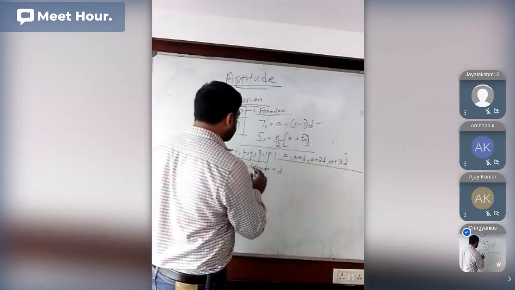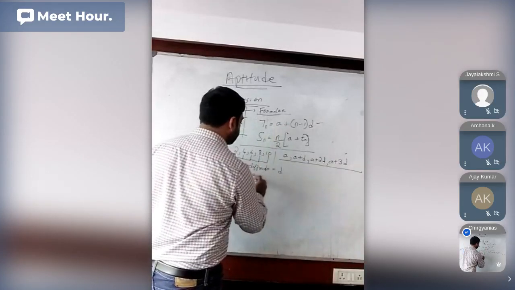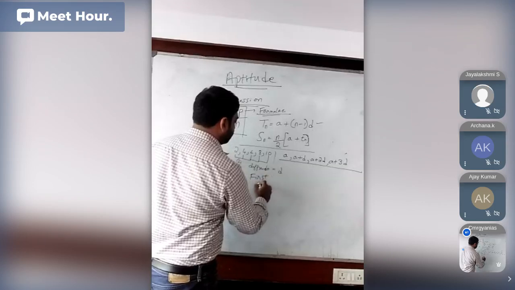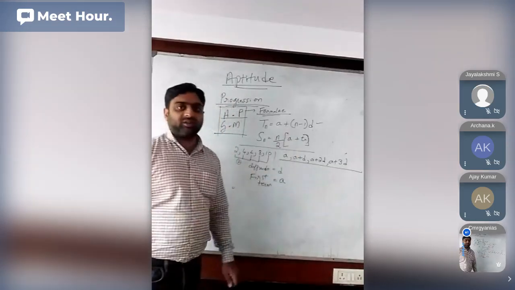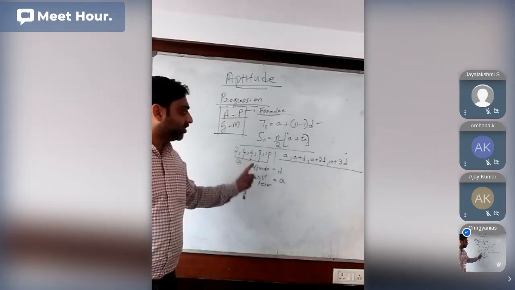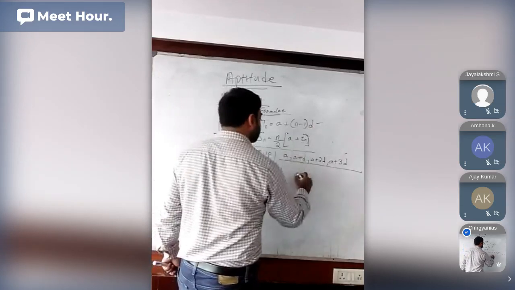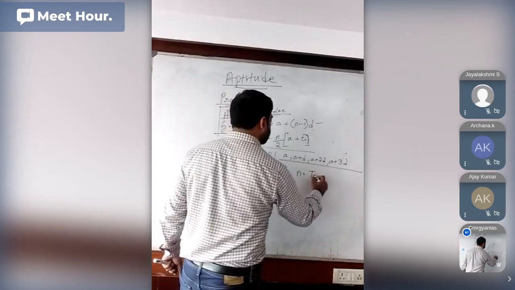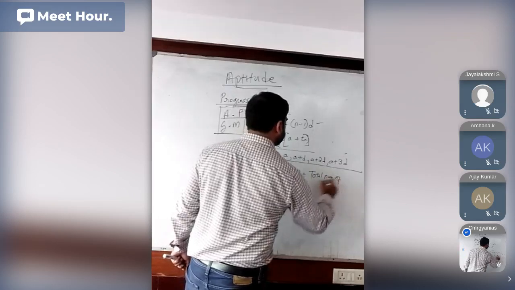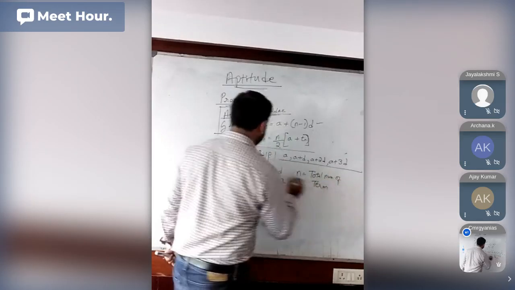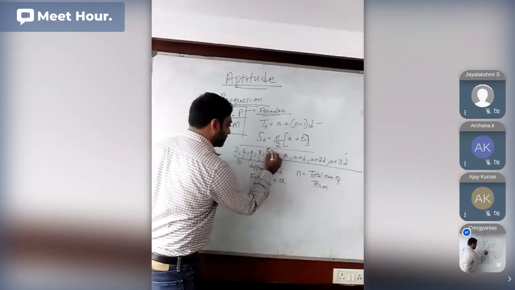So what is A? A is always the first term in the arithmetic progression. What is this N? N is equal to the total number of terms. So in this, N is 1, 2, 3, 4, 5. N is equal to 5 here.